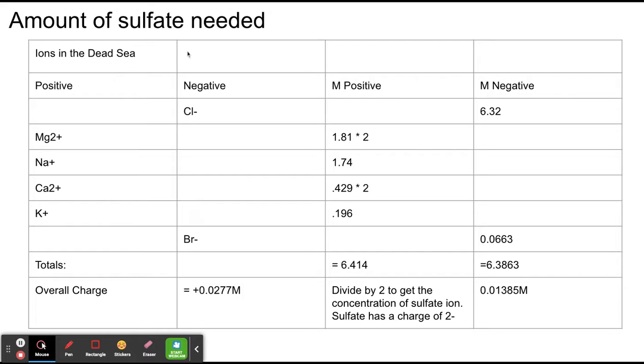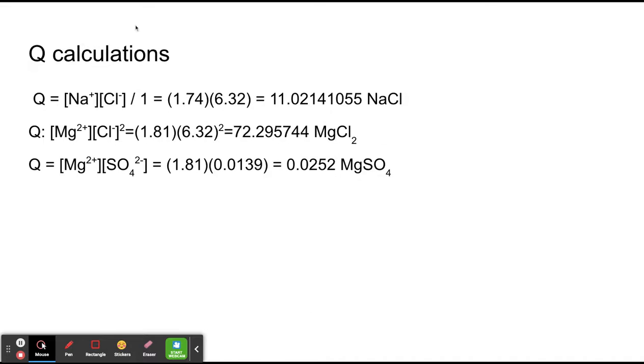And now this is the amount of sulfate needed, and this is the overall charge, 0.0277, 0.01385. There we go.